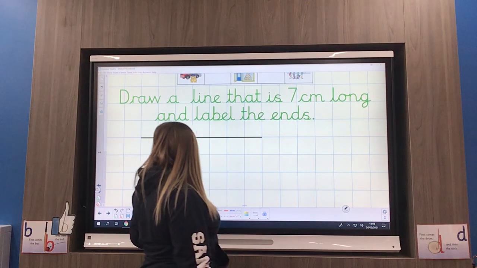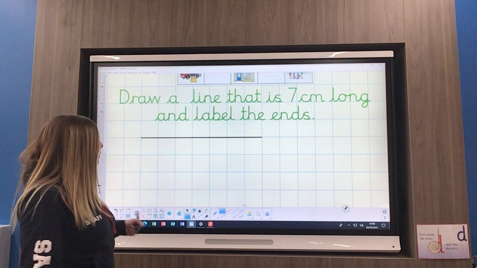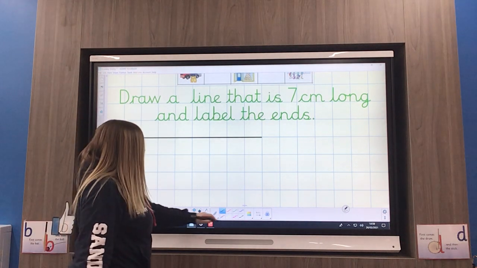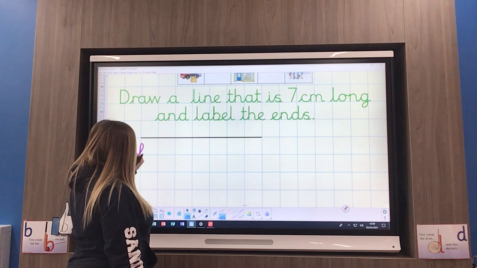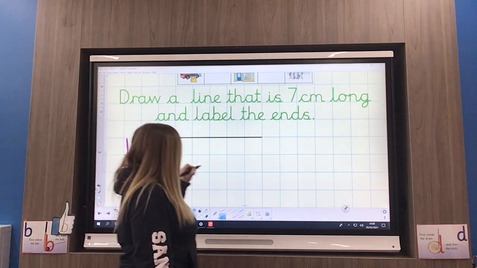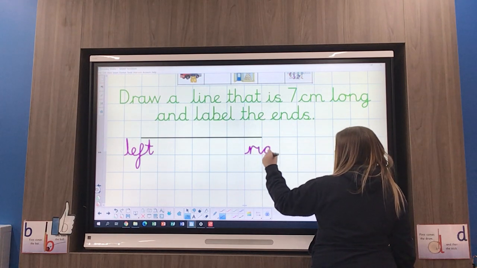There we go. So there's my line, my 7 centimetre line, and I'm going to label it using the words left and right.